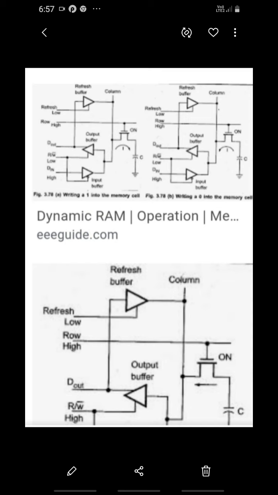The circuit consists of three tri-state buffers: input buffer, output buffer, and a refresh buffer. Input and output buffers are enabled and disabled by controlling a read or write line.